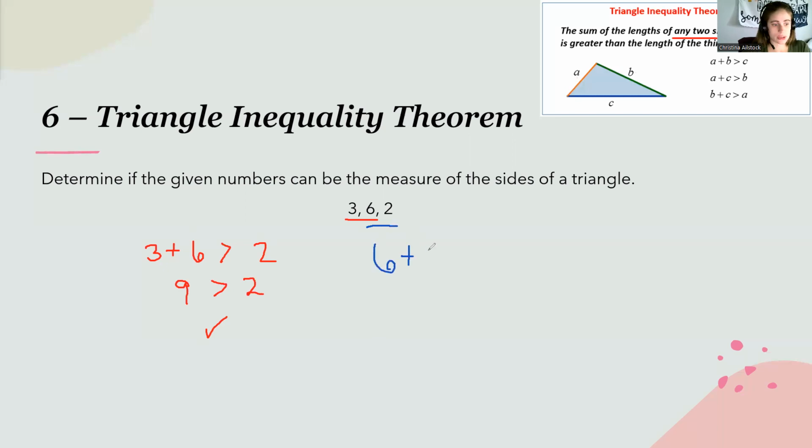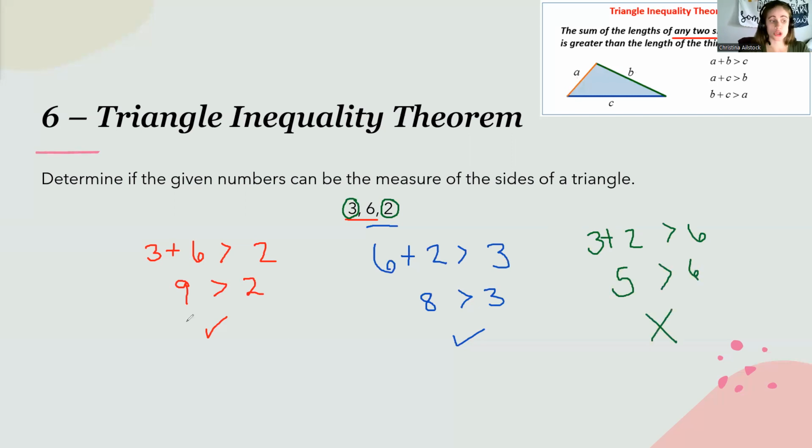So these last 2 sides need to be greater than the first side of 3. Well, 6 plus 2 is 8. 8 is greater than 3, so that checks out. And then the last one I do is I take my 2 ends. So we need 3 plus 2 to be greater than 6. Well, 3 plus 2 is 5, and is 5 greater than 6?